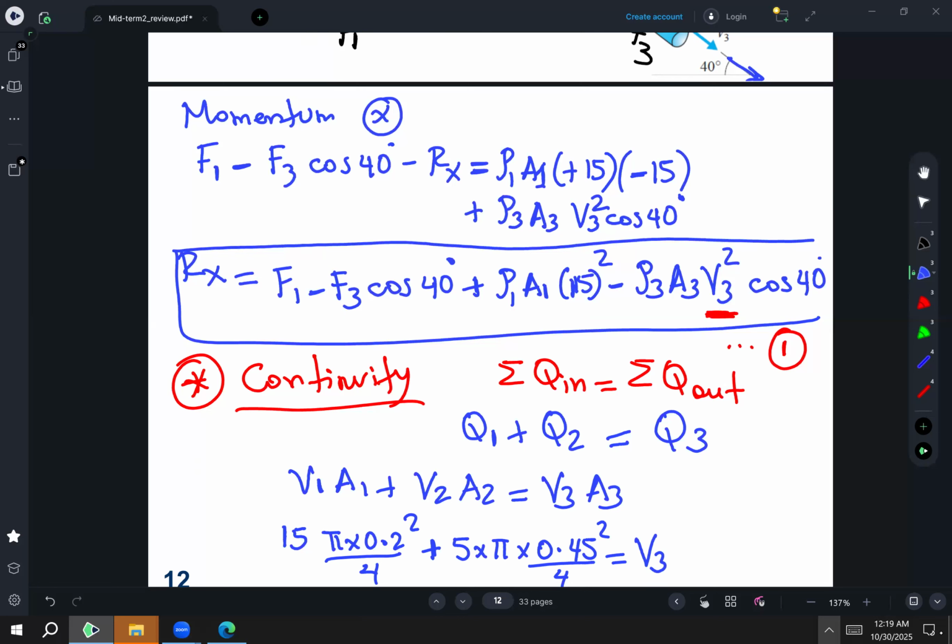I know the diameter is 25 centimeters, so it's going to be pi times 0.25 squared divided by 4. So we can cancel pi and 4 in all of them.